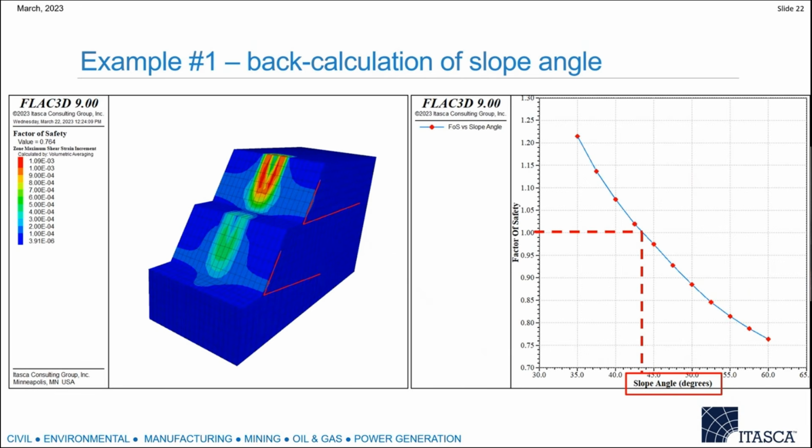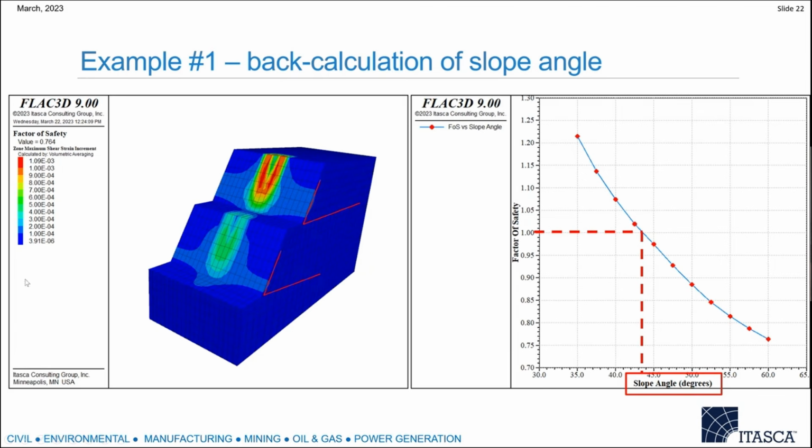Here is example number one. This example is already included in the documentation. We can use this method to back calculate the acceptable slope angle.